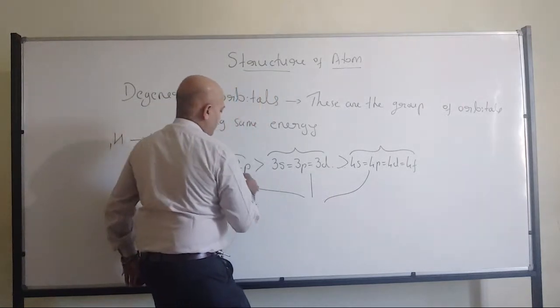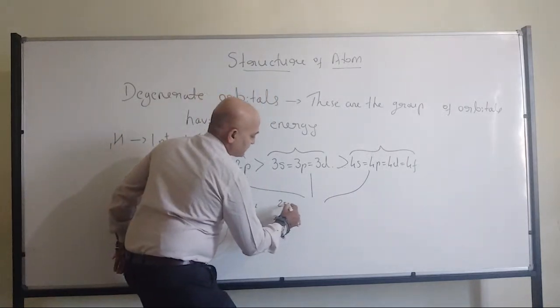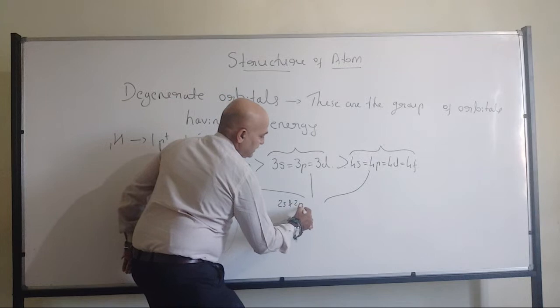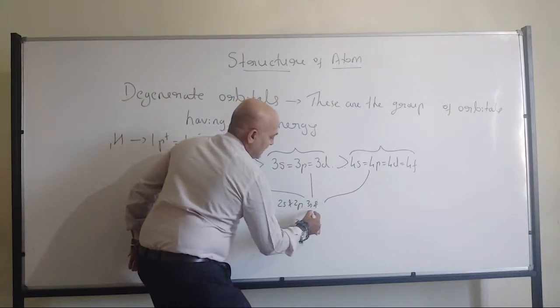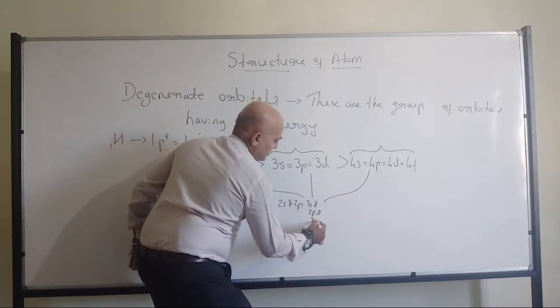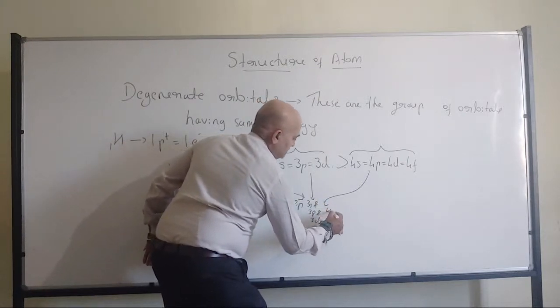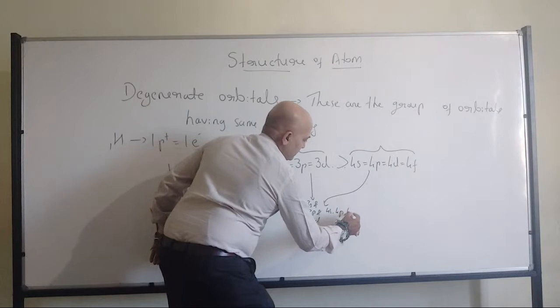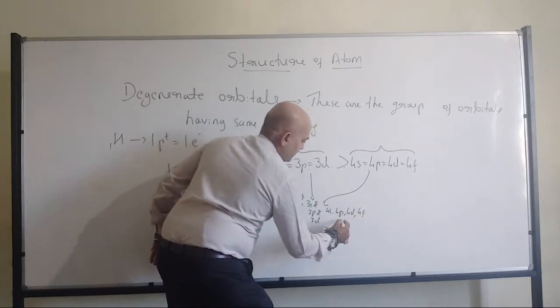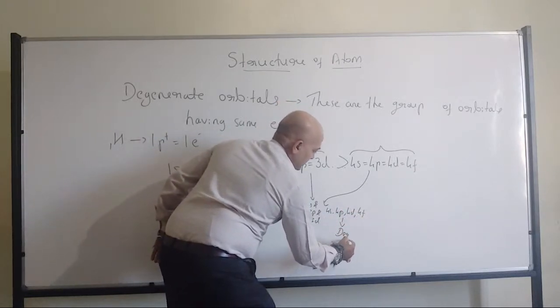These are the examples: 2s and 2p, in the same way 3s, 3p and 3d, and in the same way we have 4s, 4p, 4d and 4f. They are all degenerate orbitals.